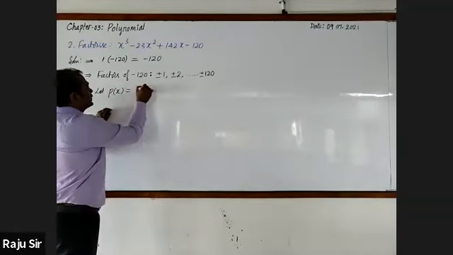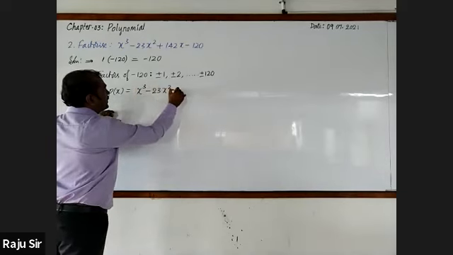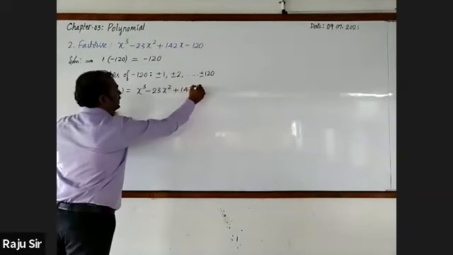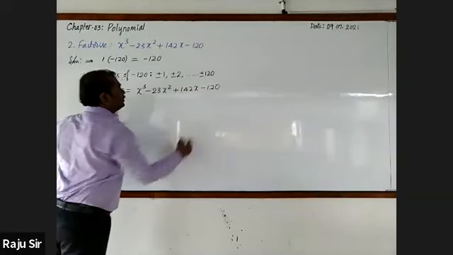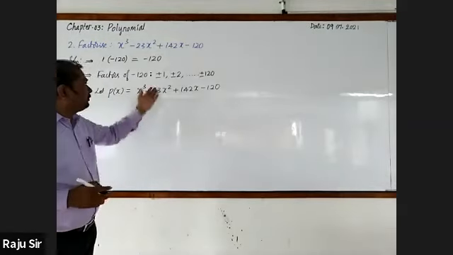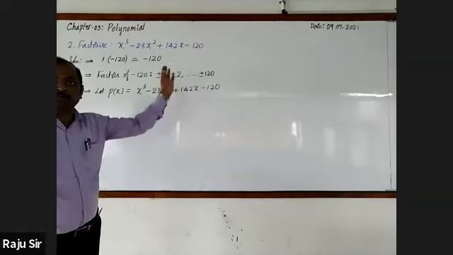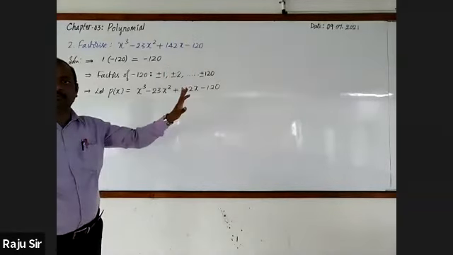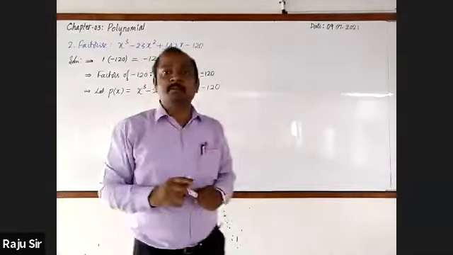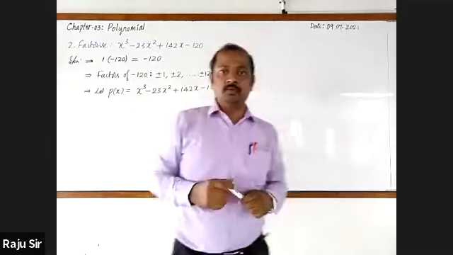It is x cube minus 23x squared plus 142x minus 120. We have plenty of factors. 1, 2, 3, 4 and so on. Minus 1, minus 2, minus 3 and so on. Many are there. So by trial and error method, you have to find out any one zero.